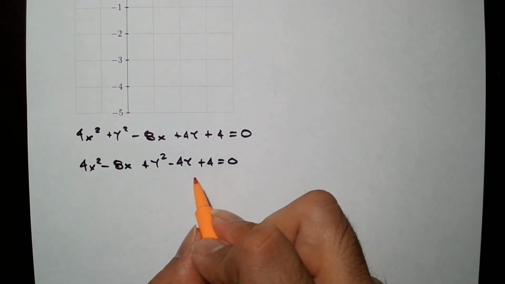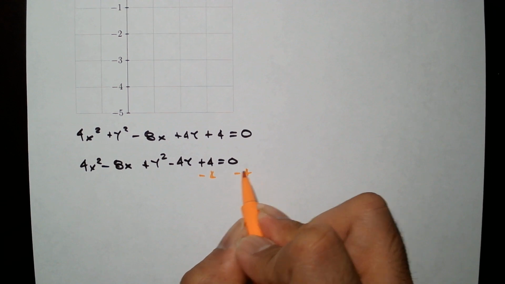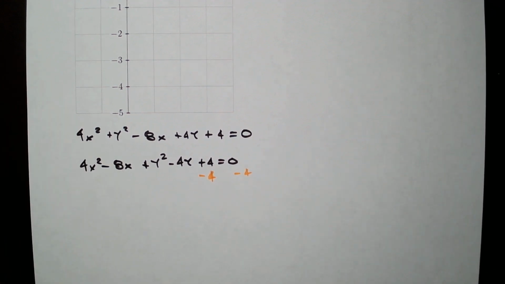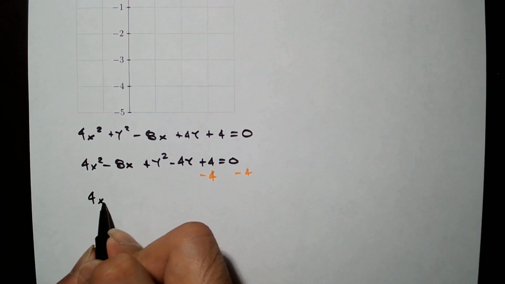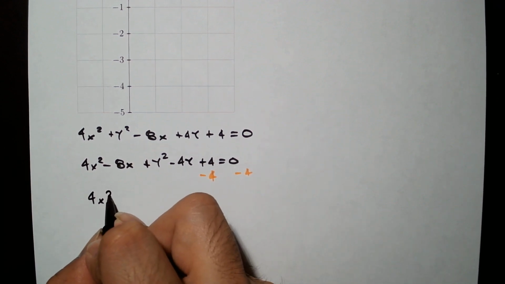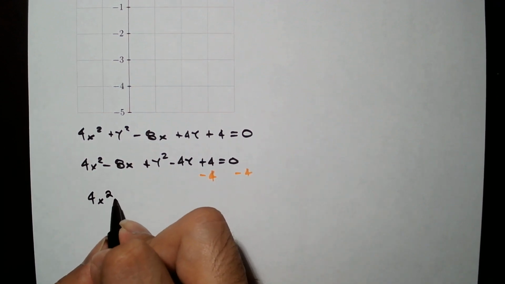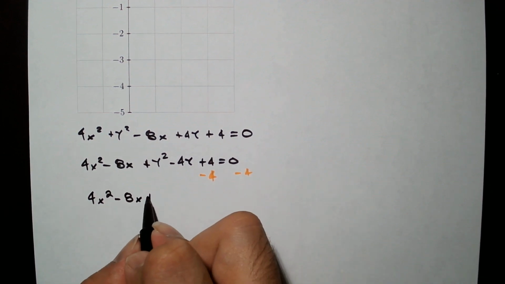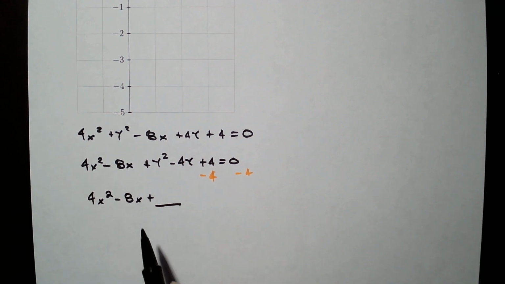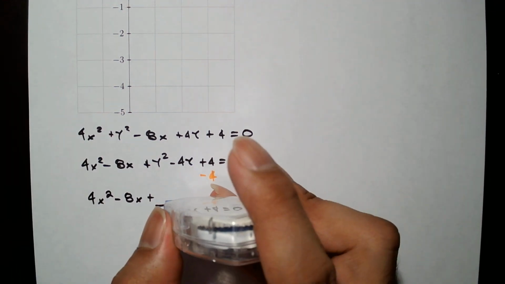Now I'm going to subtract 4 to both sides to get 4x squared minus 8x plus some number, well, not yet, never mind. Forget about the plus number.